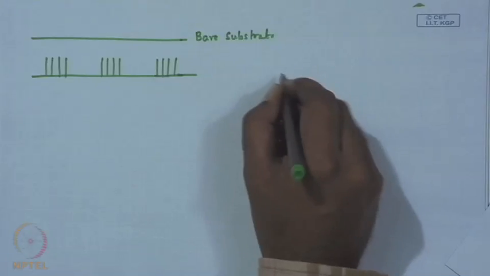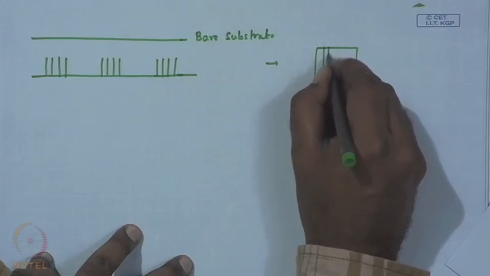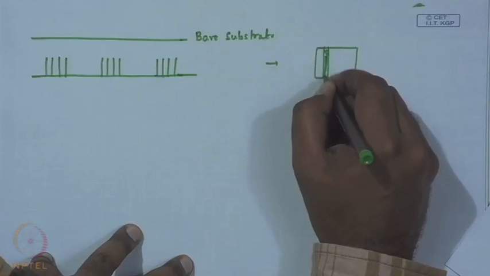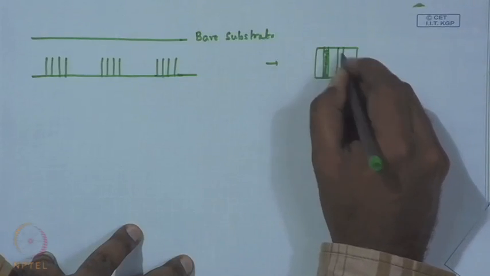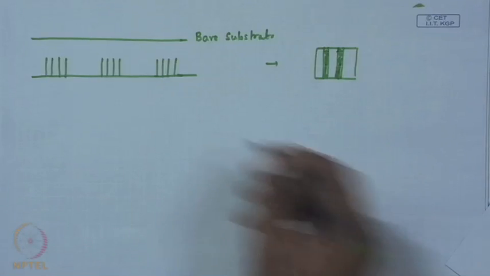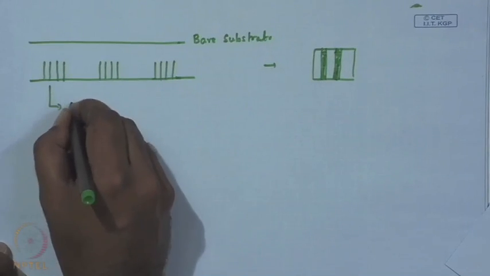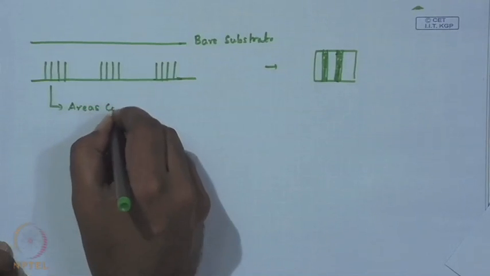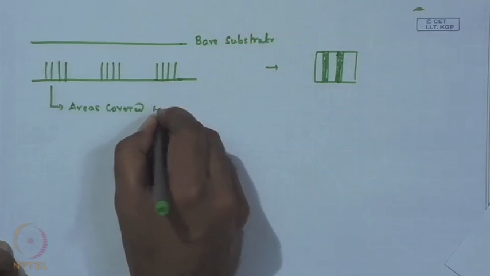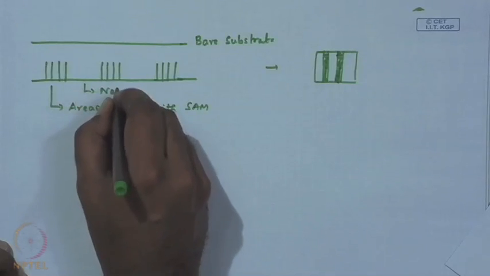Then effectively what you will see are different chemical patches corresponding to this. So, these are areas covered with SAM, and not covered.